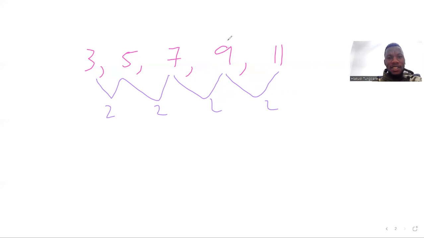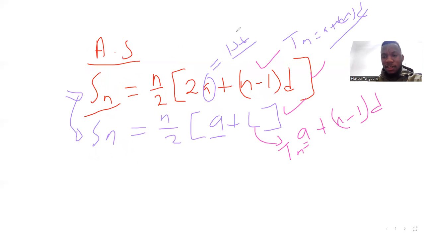So let's suppose the question asks you to determine the sum of the first 8 terms in this sequence. What's the sum of the first 8 terms in this sequence? You definitely know that you're going to need to use the formula that we just discussed on the previous page.